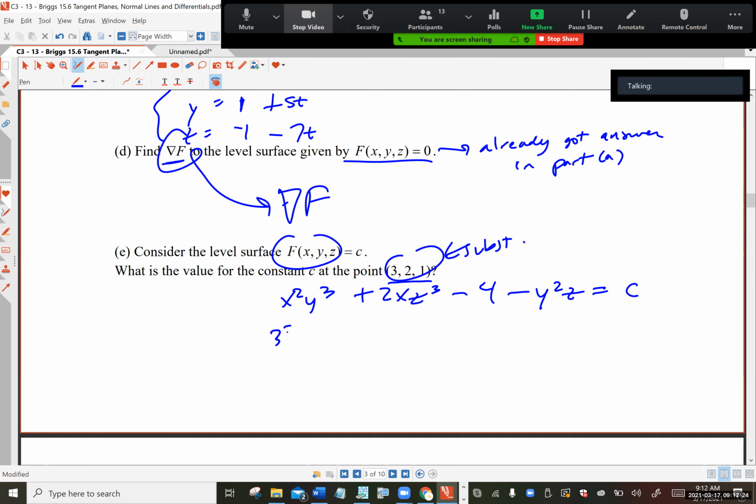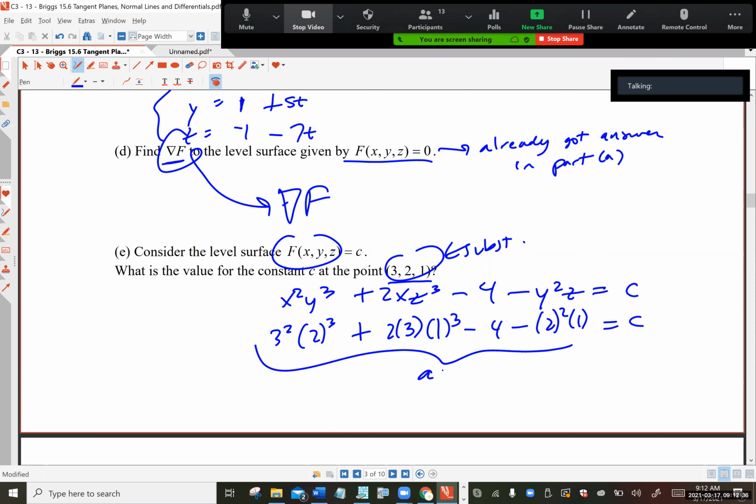So 3 squared, 2 cubed, plus 2 times 3 times 1 cubed, minus 4, minus 2 squared times 1 equals some constant. Add all this together and I get 72. And we're done. So that would be the value of the constant for a different level surface. Instead of the constant being 0, we want the constant to be something else.